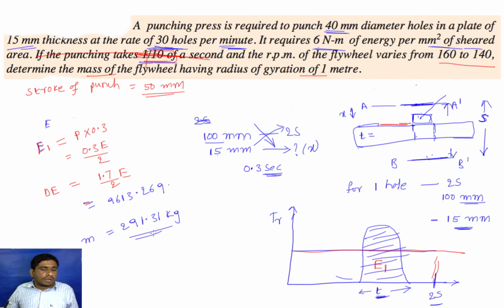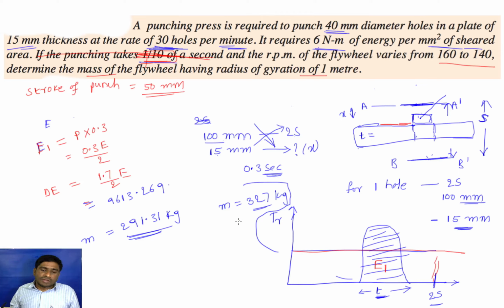And in the previous case, how much mass did we get? In the previous case we got 327, but in this case the mass got reduced, approximately 35 kg reduced.